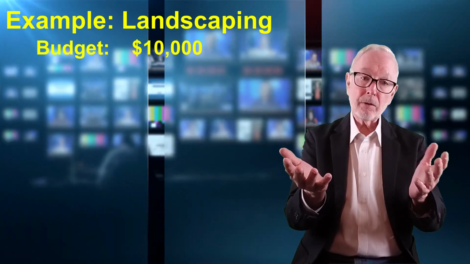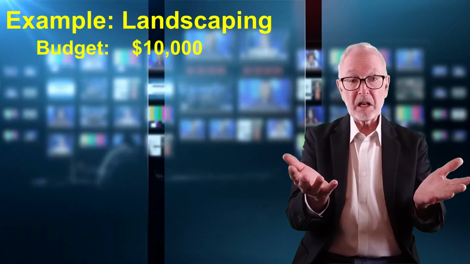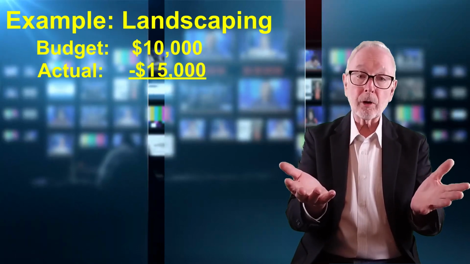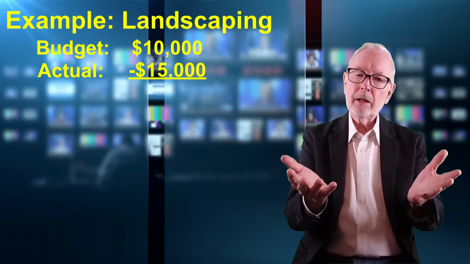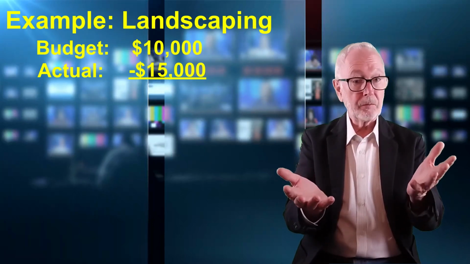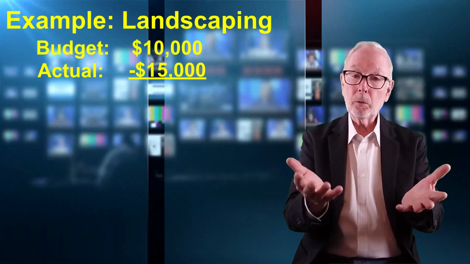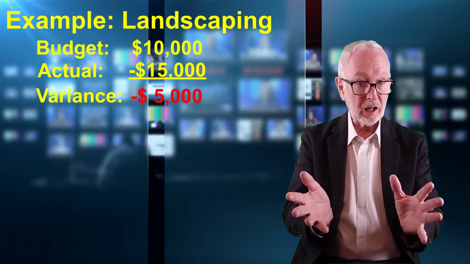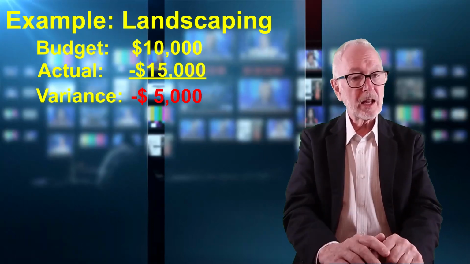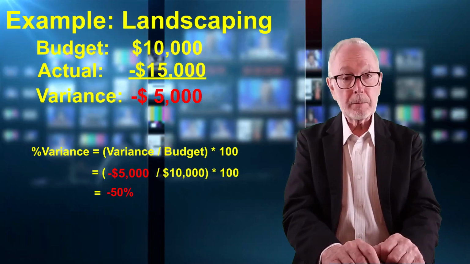But by the end of the year, the HOA may have ended up spending $15,000 on landscaping. In this case, the variance between the budget of $10,000 and the actual of $15,000 would be $5,000, which is a fairly hefty percent variance of 50%.